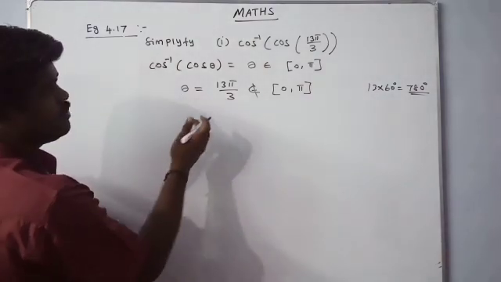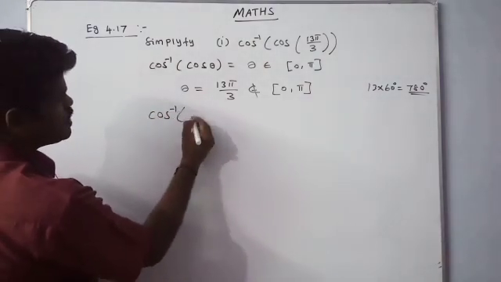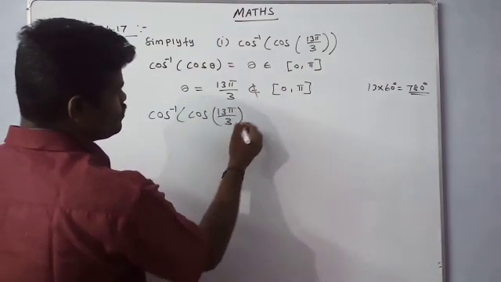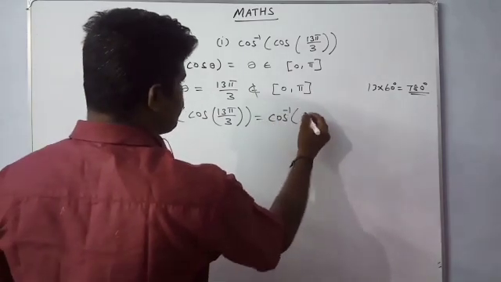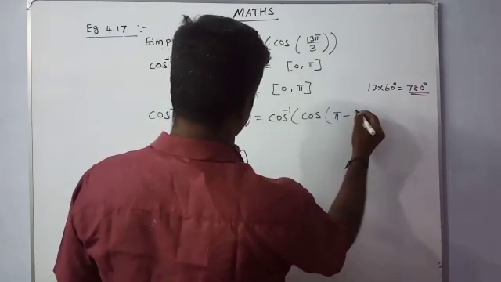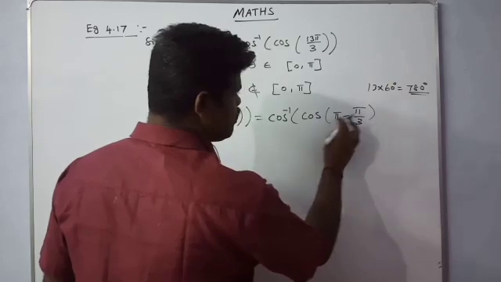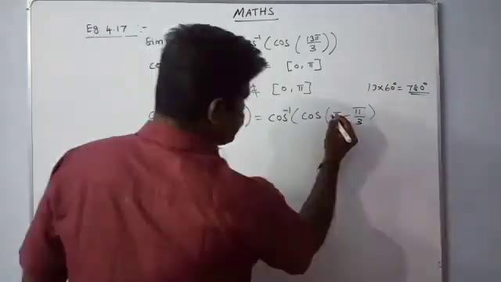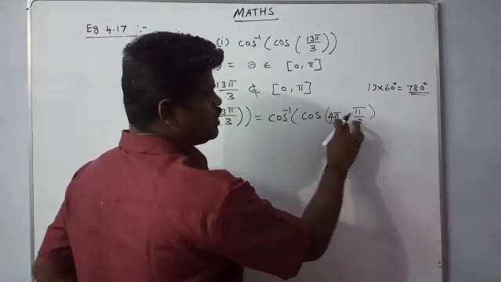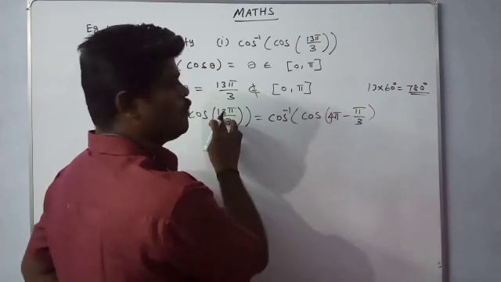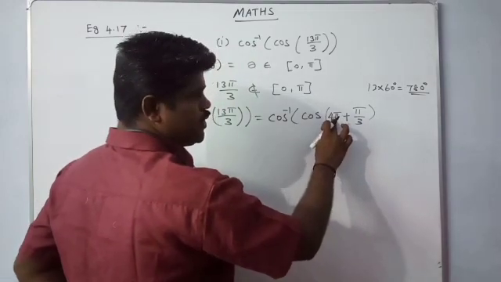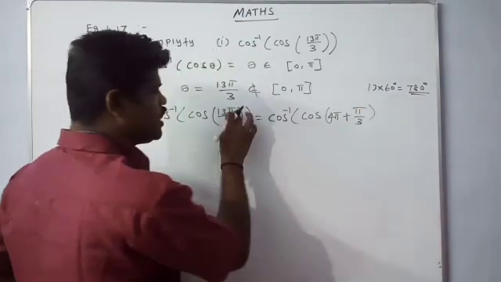So we want to simplify cos inverse of cos of 13 pi by 3. We have to write 4 pi here, because 3 into 4 is 12, 12 plus 1 is 13 pi.